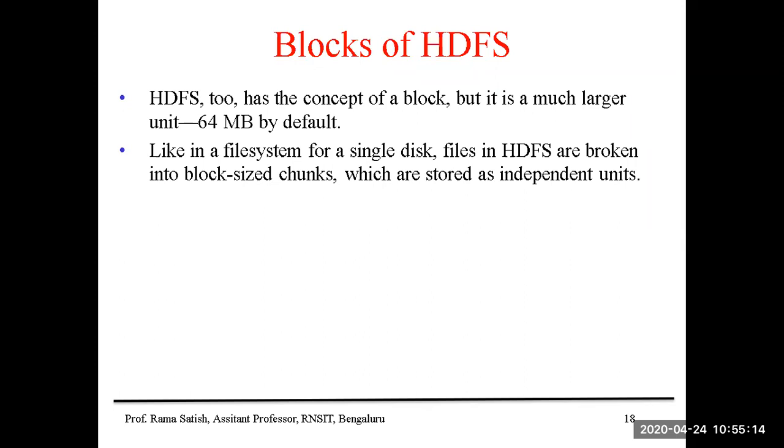These independent units we call HDFS blocks. And these blocks, by default, are replicated 3 times. The replication factor of the Hadoop file system is 3. That means it will maintain 3 copies of each block.